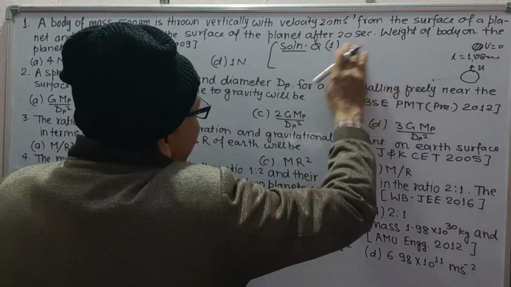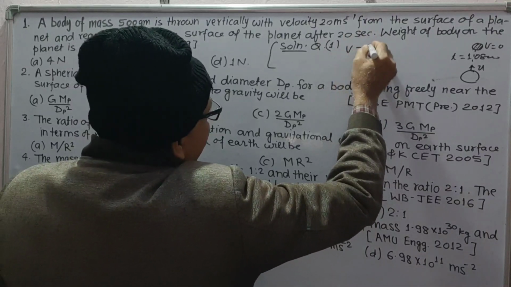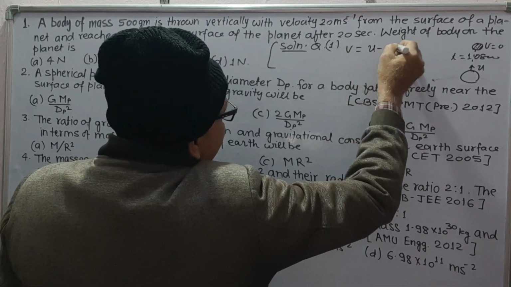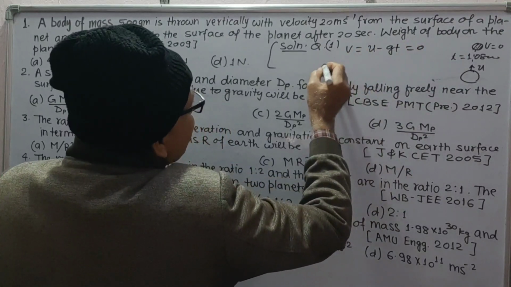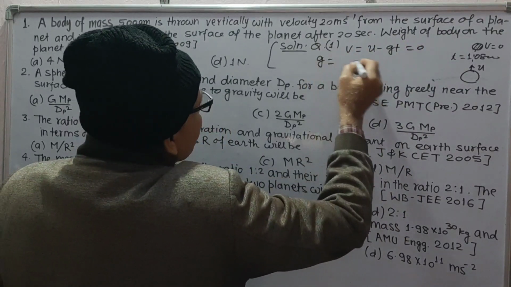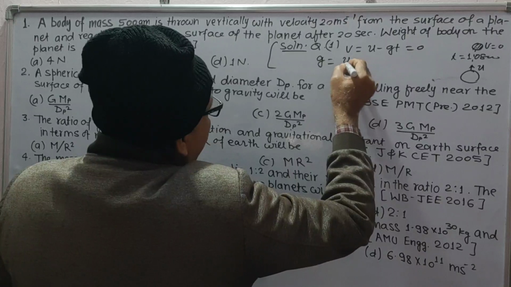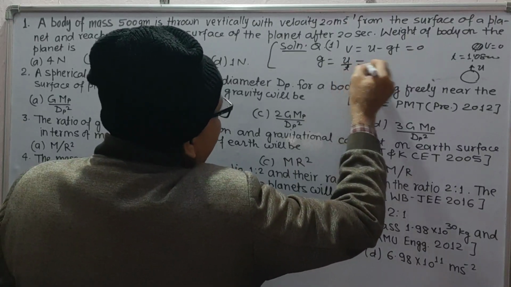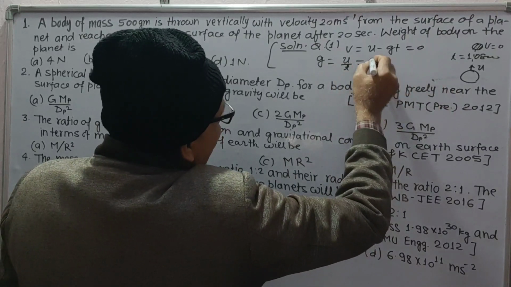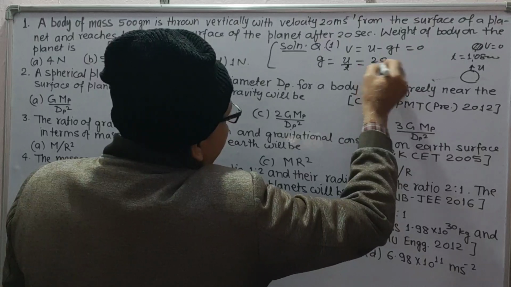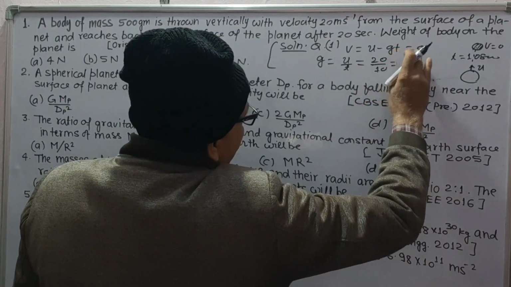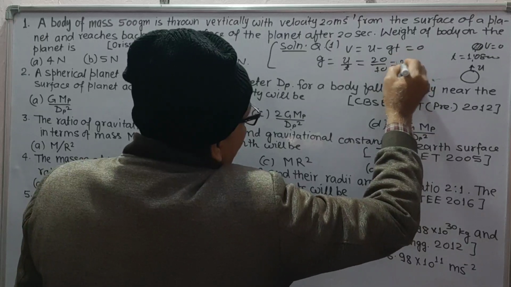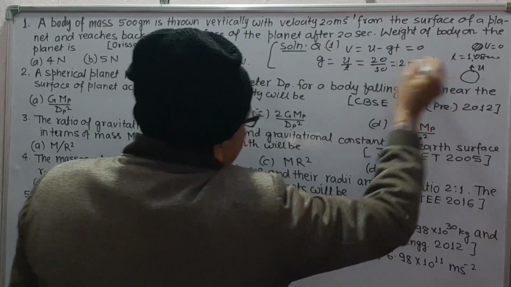So v = u minus g t gives 0, which gives g as u upon t. u is 20 and t is 10. So g will be equal to 2 meter per second square.